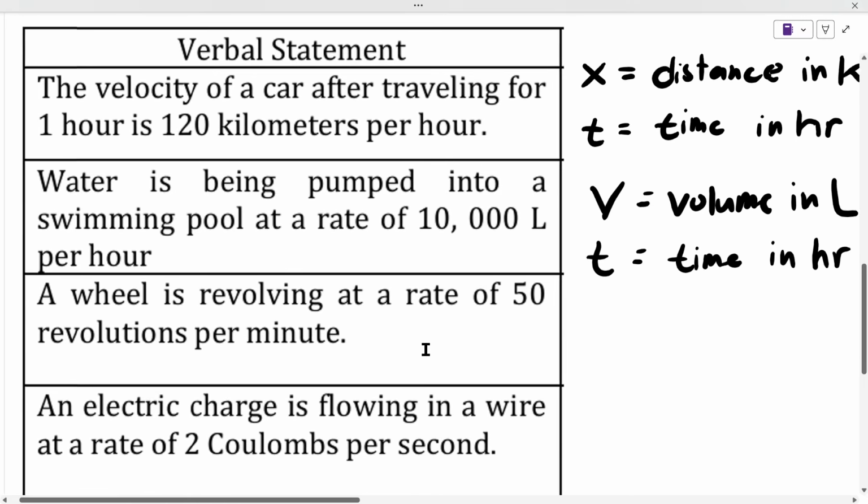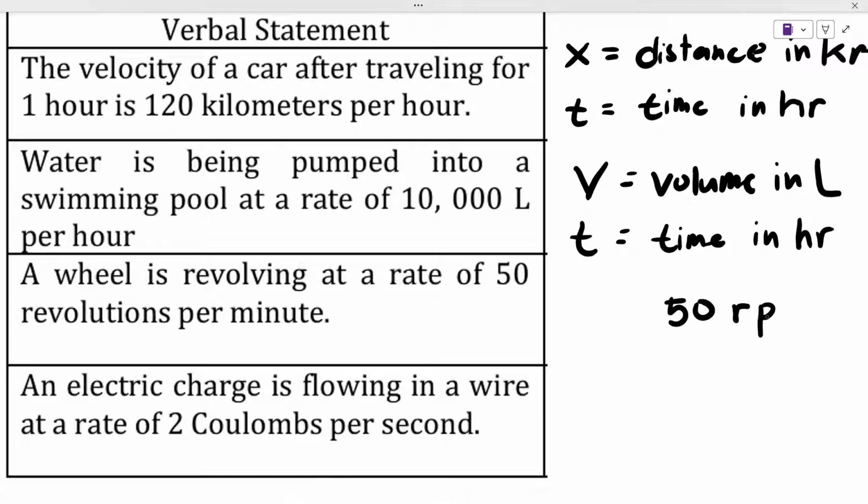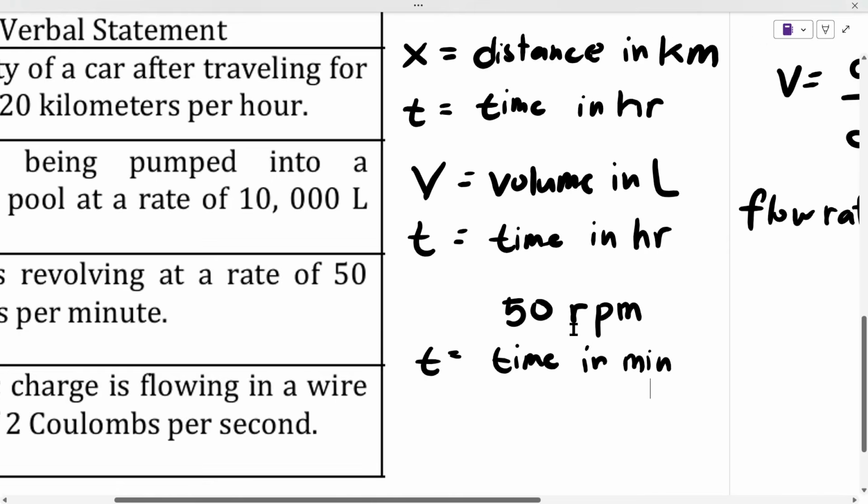Next, a wheel is revolving at a rate of 50 revolutions per minute. So we have 50 RPM, and time in minutes. How do we represent this 50 RPM?